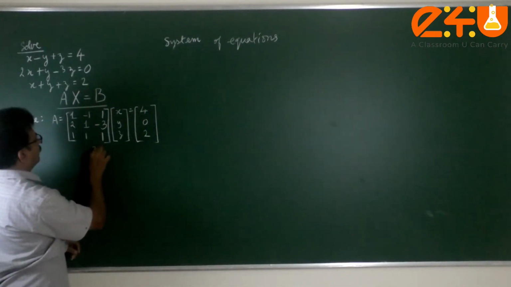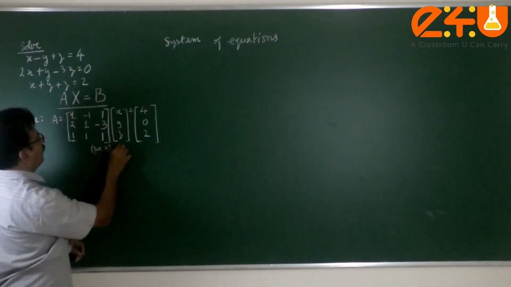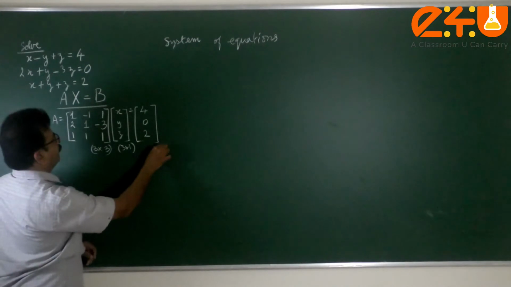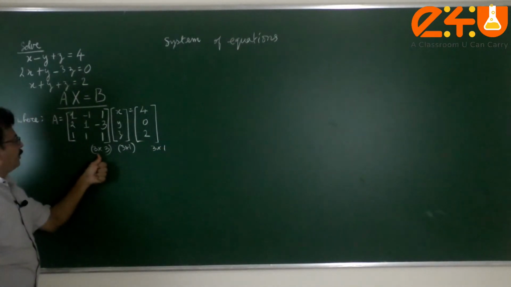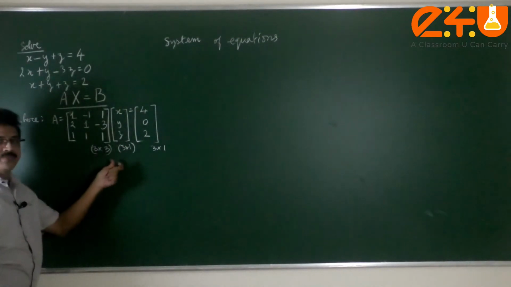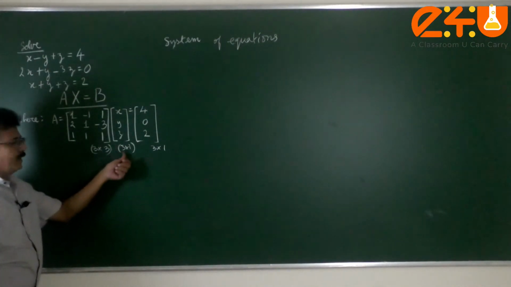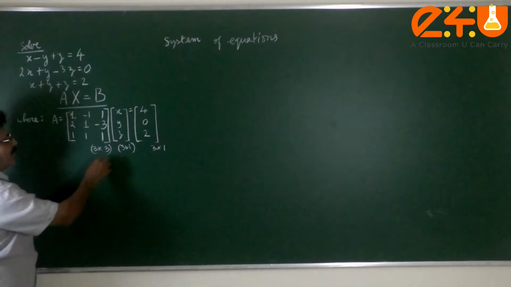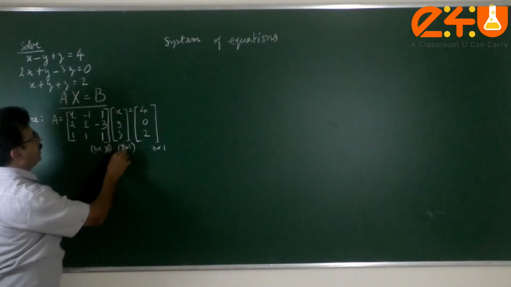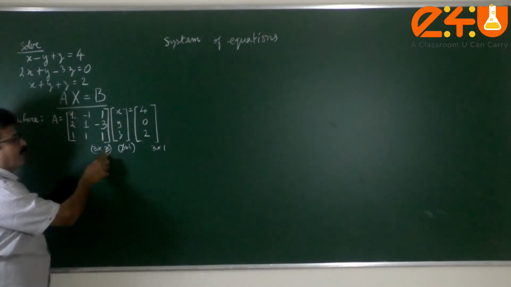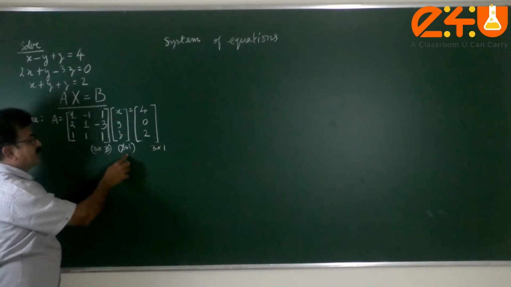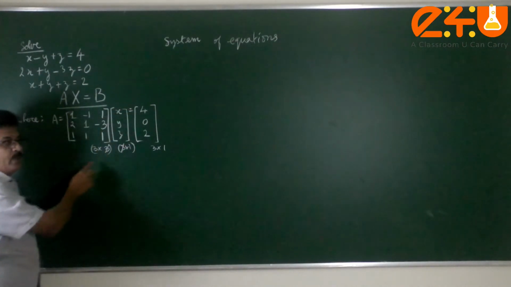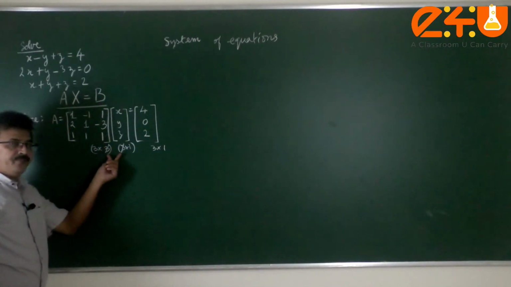So as you know, going by the order, the coefficient matrix is a 3 by 3 matrix, and the unknowns form a column matrix of order 3 by 1. The number of columns in the 3 by 3 coefficient matrix and the number of rows in the column matrix are equal.